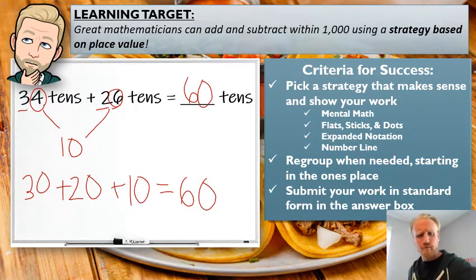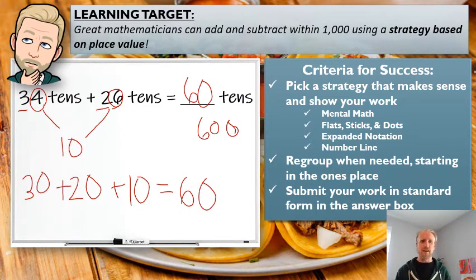Oh, you guys are sharp, right? 10 tens is equal to 100, so 60 tens would be equal to 600. All right. You'll see problems like this on your work today. You can use a strategy like I did where I look to make a 10 first and then add up all of the same. Like that.